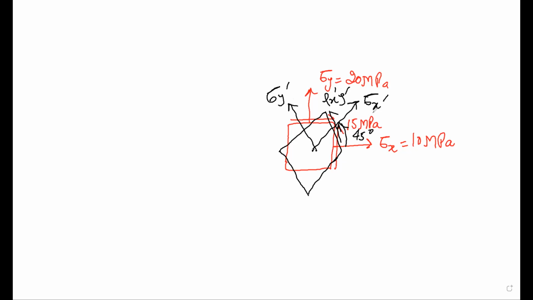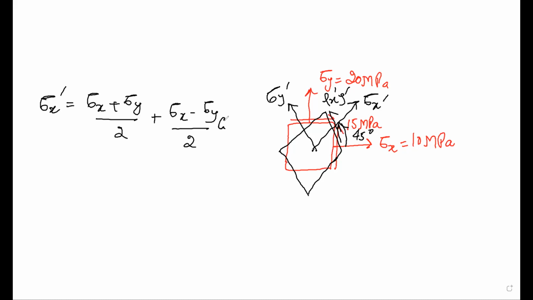In order to find sigma x prime, we can directly write sigma x prime is equal to (sigma x plus sigma y)/2 plus (sigma x minus sigma y)/2 cos 2 theta plus tau xy sine 2 theta.